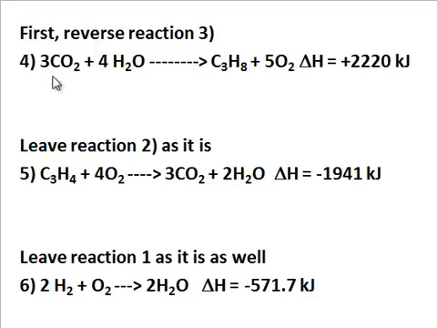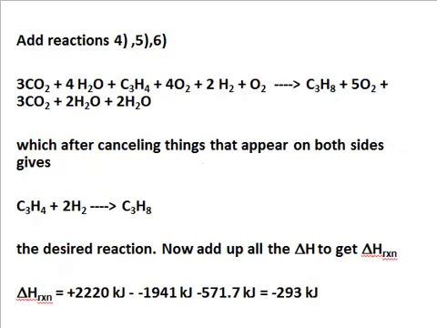So here are 3 reactions 4, 5, and 6. Now the next step will be to add these 3 together. Add the values of delta H, and we have to check the 3 reactions we add together to make sure that's the reaction we want. The sum of reactions 4, 5, 6 is shown here, which, after canceling everything that appears on both sides, leaves C3H4 and 2H2 and C3H8, the desired reaction.